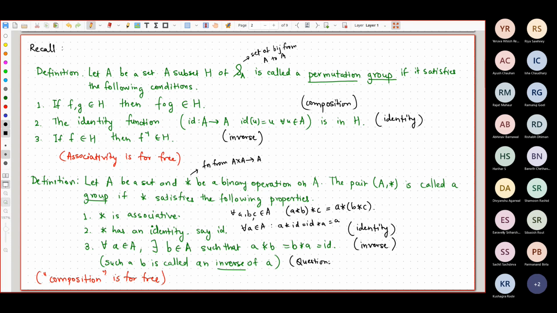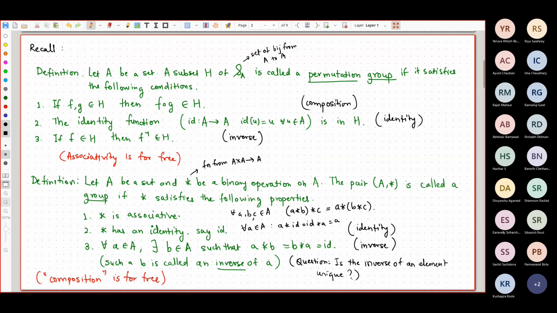Yes, sir. I think it would be unique. Who is this? Divyanshu. Okay, one sec, Divyanshu. Let me just write the question. Is the inverse of an element unique, or could it have more than one inverse? Why, Divyanshu?